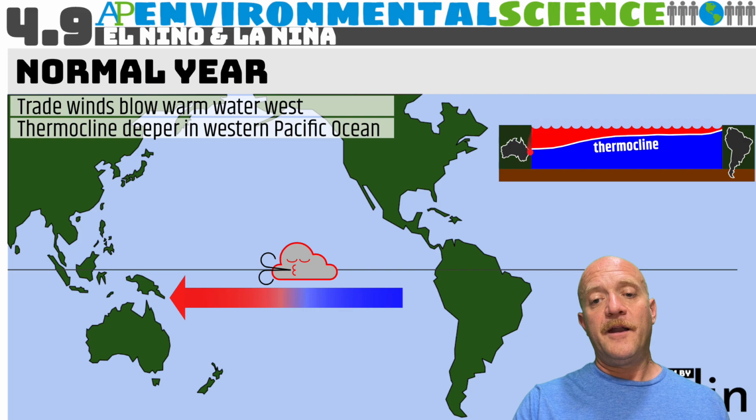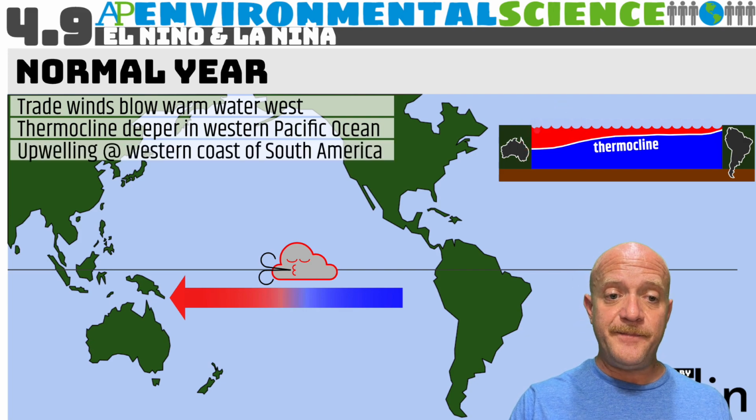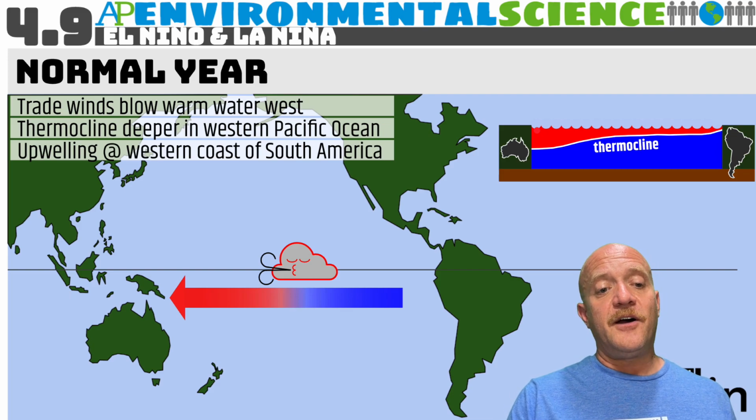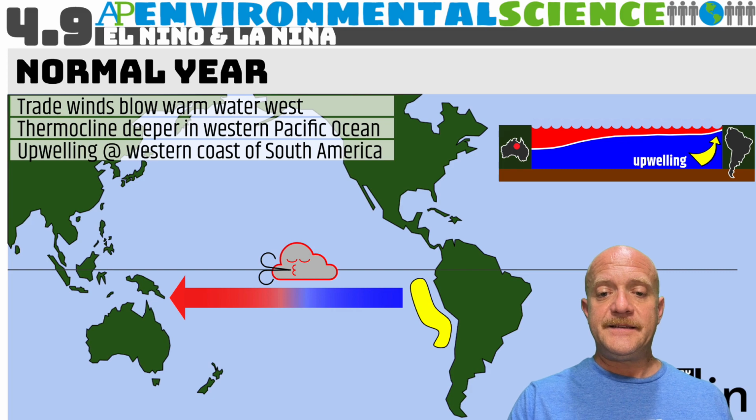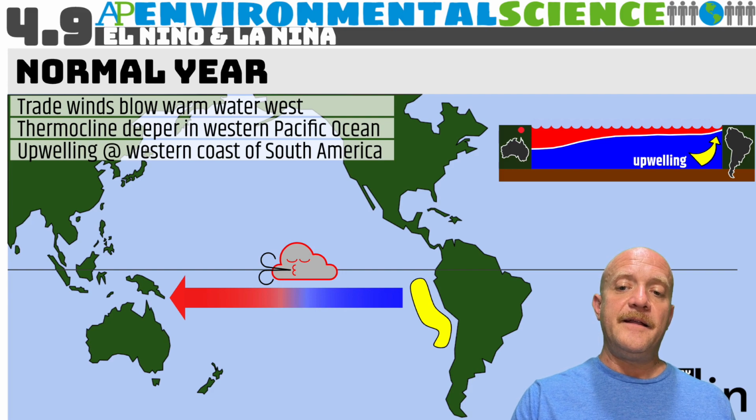When you have warm water, this impacts the hydrology because you may have more evaporation. And likewise, you're also going to get more upwelling. So what upwelling is when you have nutrients. In other words, this warm surface water is blowing to the west.